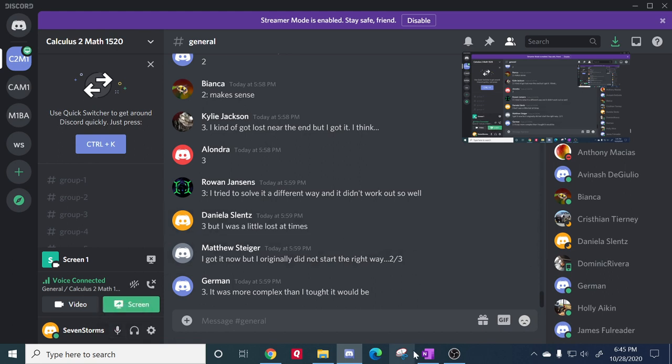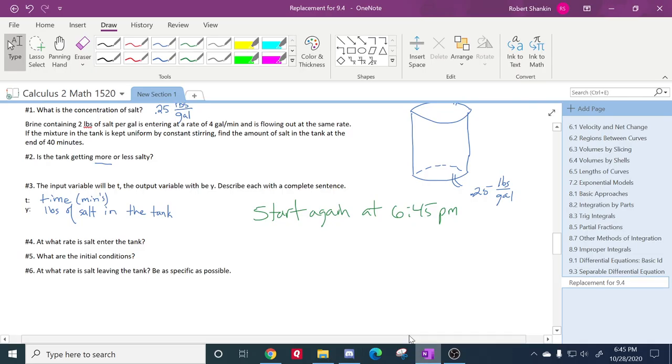All right, we are starting again. We've got our variables, and we have these three questions. At what rate is salt entering the tank? What are the initial conditions? Like you're going to set up a differential equation, and the initial conditions, write an equation for that.